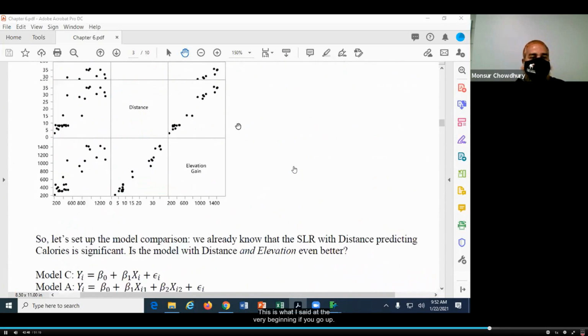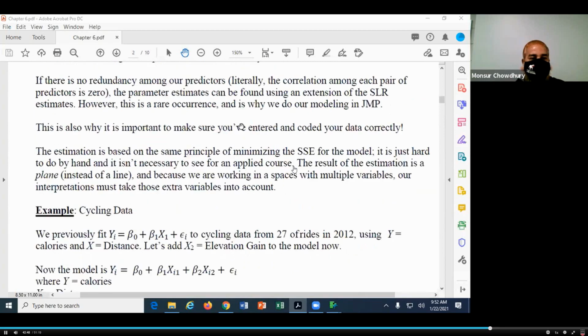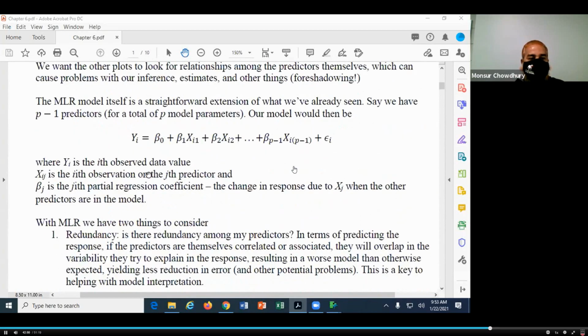If you go up, each beta j is called one of the partial coefficients. For example, beta j is the jth partial regression coefficient. Now the question is how can we interpret this regression coefficient?